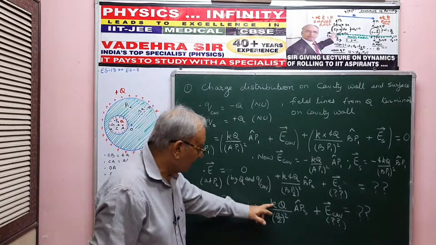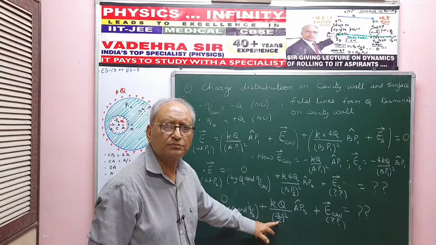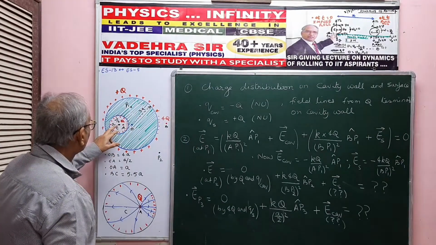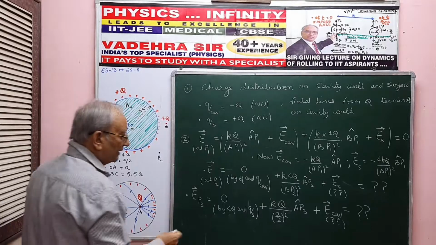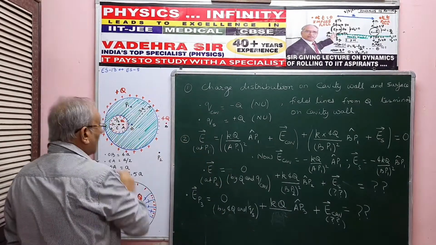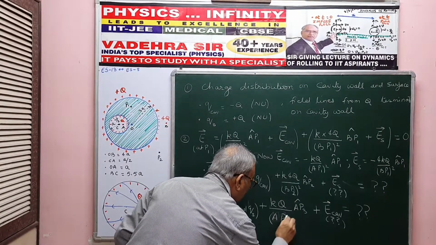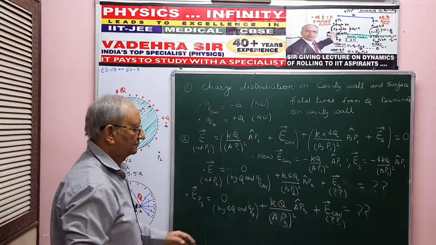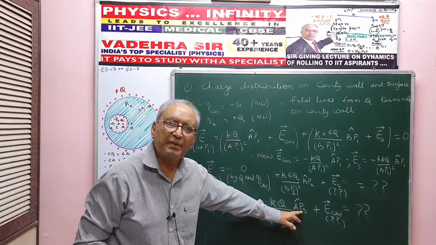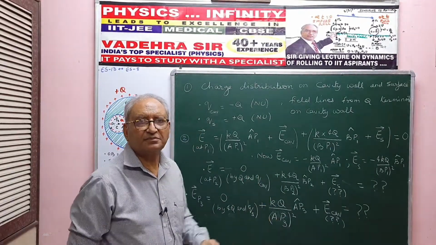So KQ upon A by 2, where the distance given is A by 2, from here to here. No, at P3, I am sorry, this is not A by 2, this is wrong. It is KQ upon AP3 squared, and the unit vector AP3 cap, done. Point charge contribution is easy to find.